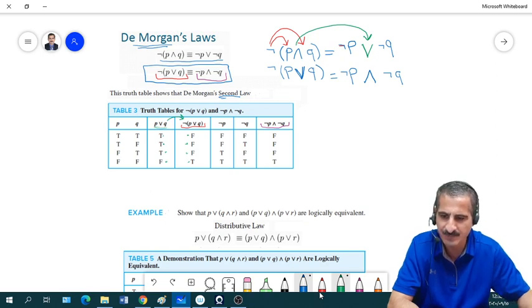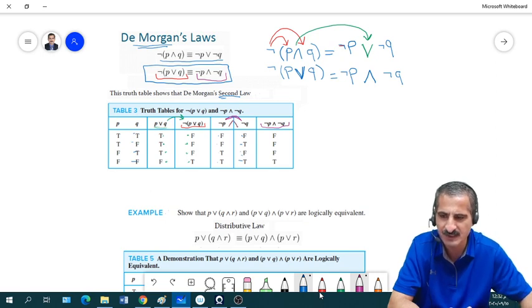Let us compute the truth values of the other composition. We need here to compute not P. So we have P: true, true, false, false. The negation will be false, false, true, true. And not Q, as you see here, we get from true, false, true, false, which gives false, true, false, true. Now to obtain the result, we combine these two together with an AND.